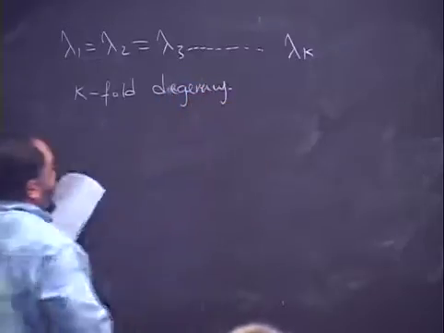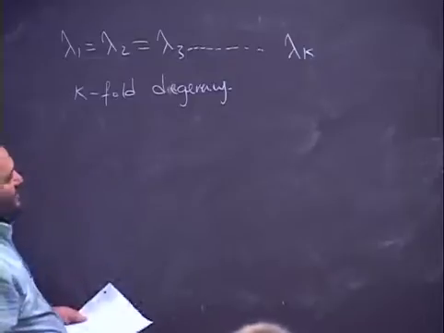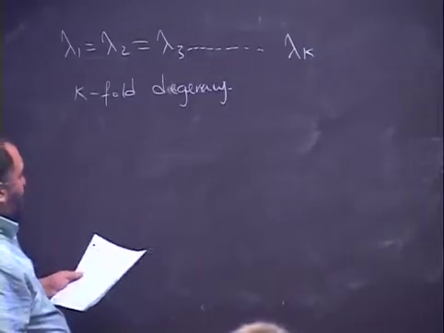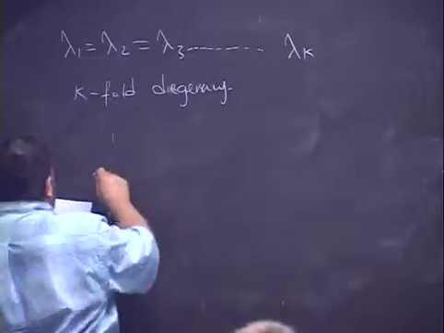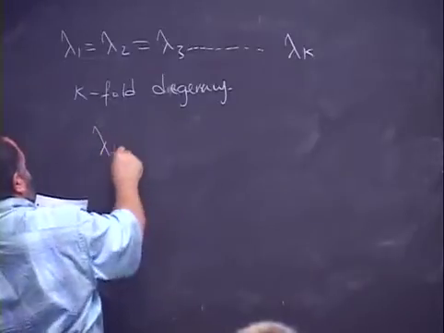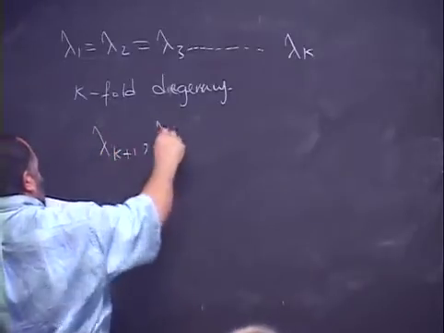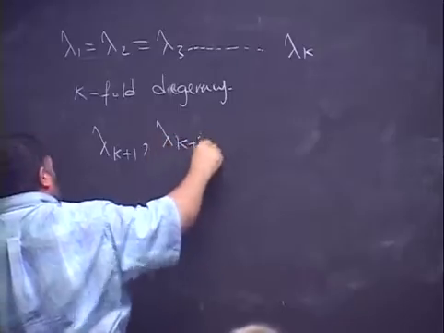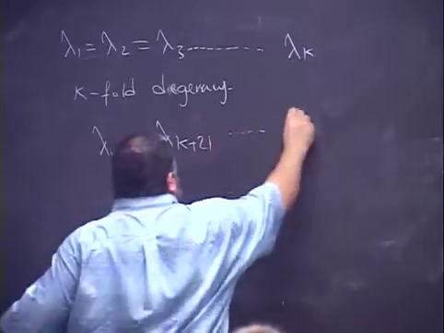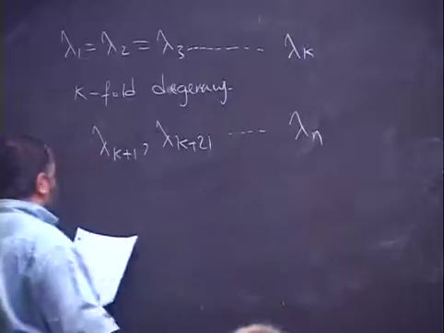K of the n eigenvalues are equal, so we call them k-fold degeneracy. And lambda k plus 1, lambda k plus 2, up to the rest, which is lambda n, are distinct.